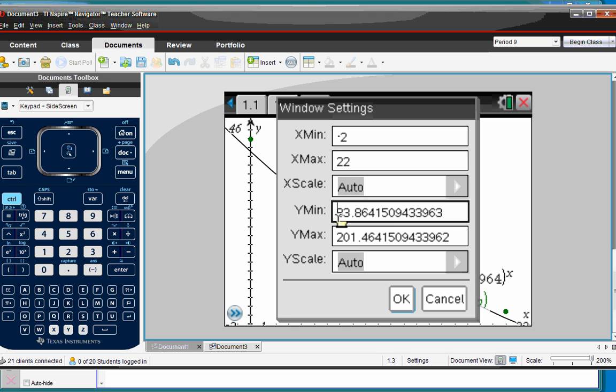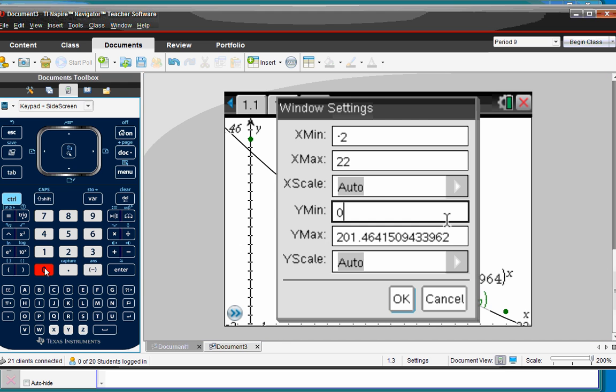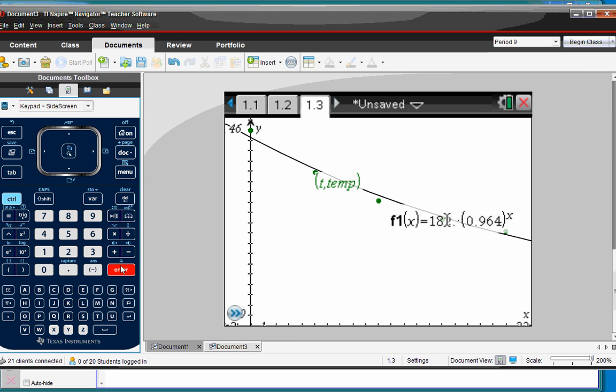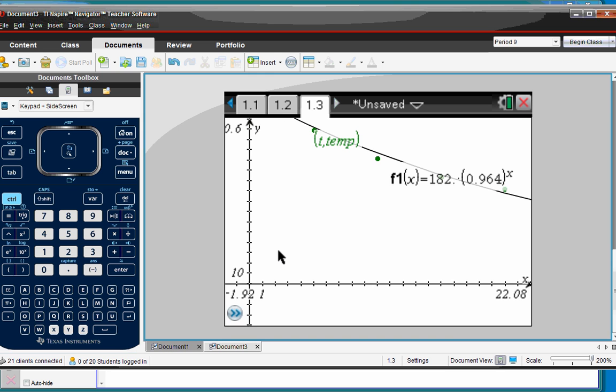I want to put that to be 0. Well, what's going on with that? How many minutes is it going to take for it to be 0 degrees? A lot. Well, the scale right here is going from -1 to 22 minutes.